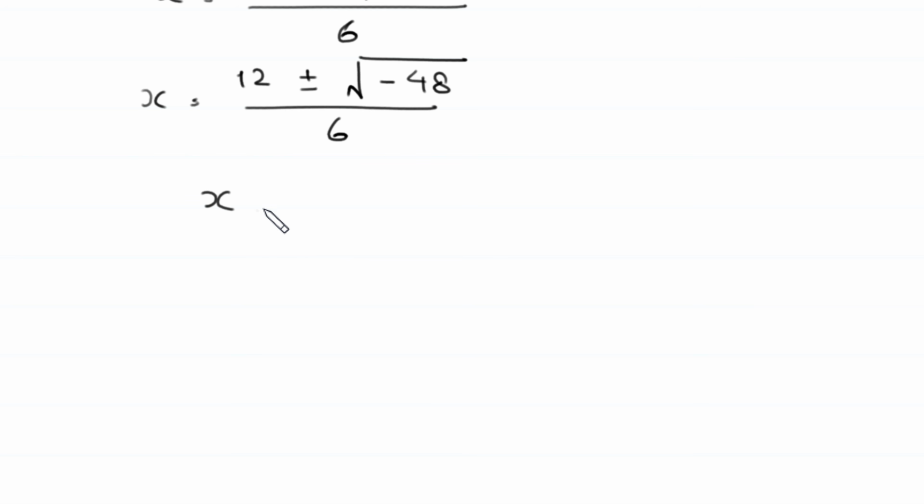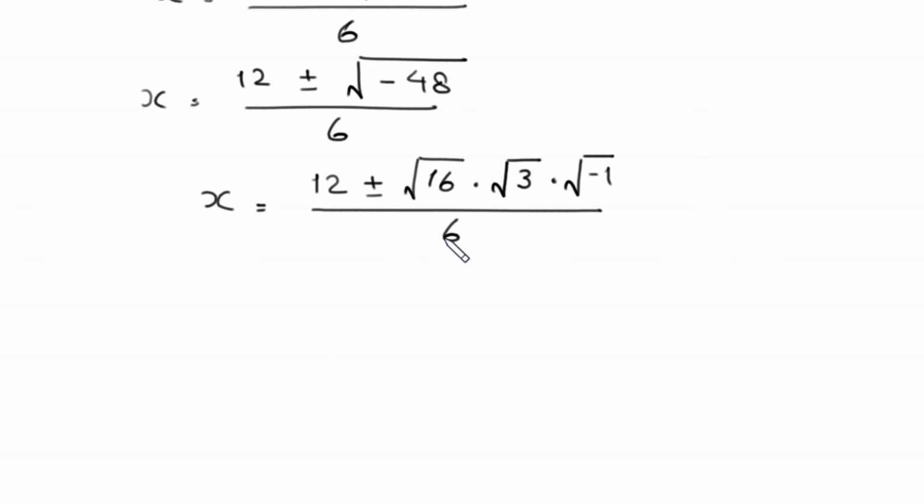Next, x is equal to 12 plus or minus this square root of negative 48 can be written as square root of 16 times square root of 3 times square root of negative 1 divided by 6.